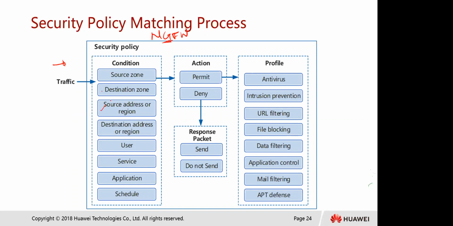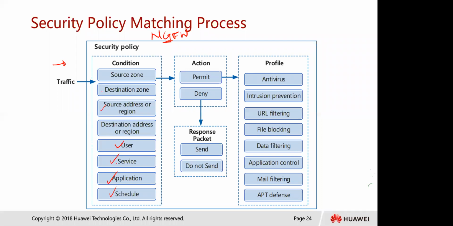It will also go ahead and look at the zone. Where is it coming from? Where is the destination zone? Am I allowed to communicate with that zone? What is the source IP address? Which region am I allowed to communicate to, and so forth? The destination port, what is the protocol, the application, and also we talked about the user and application data, including what service am I using?